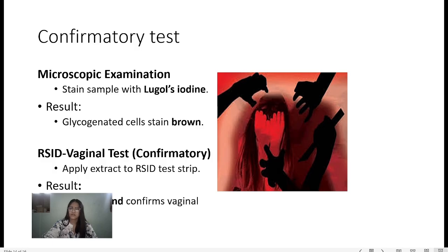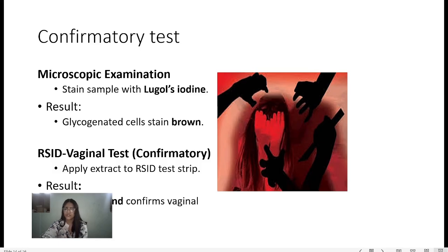So the procedure of this test is that we just stain the sample with Lugol's iodine reagent, and the result will be glycogenated cells stained brown. So the significance of this test is that it indicates vaginal origin. It is useful in sexual assault cases where vaginal fluid should be detected and confirmed, right?